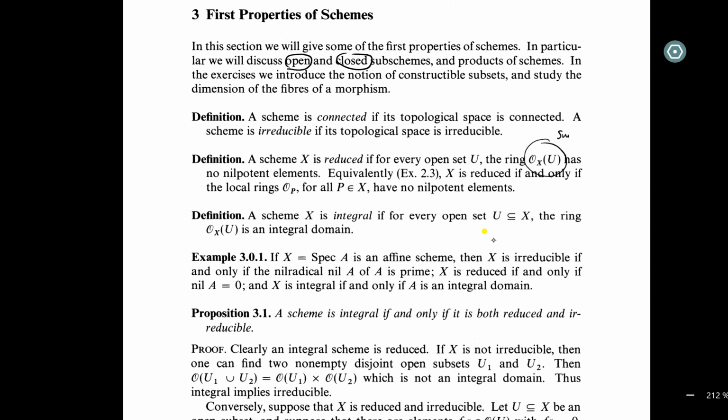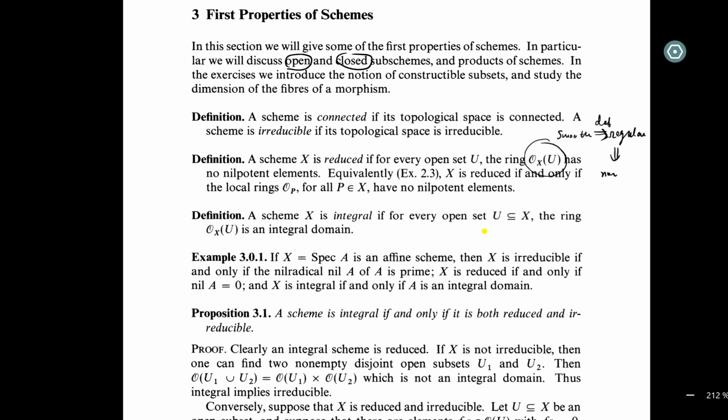So a smooth scheme is always normal. A smooth scheme is regular. Regular implies normal.